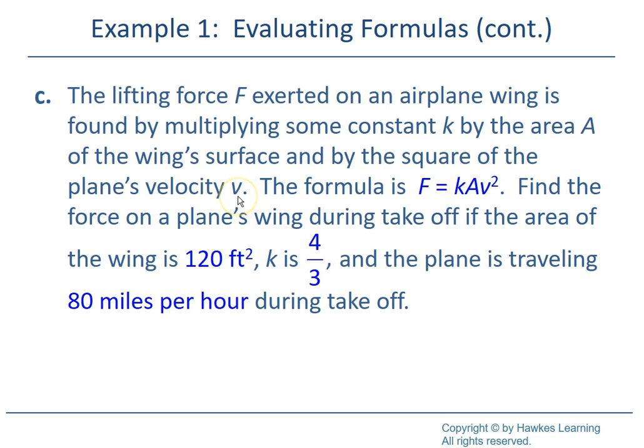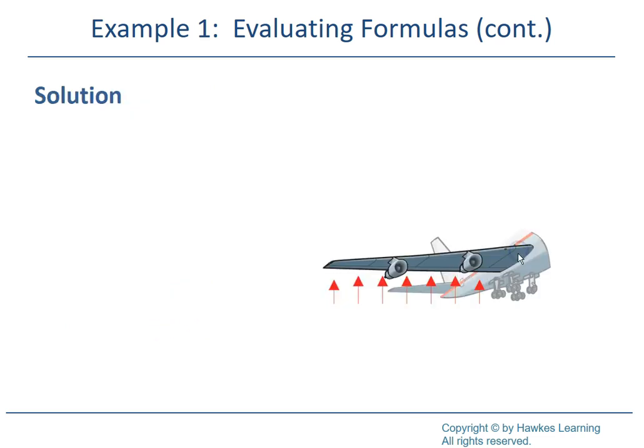That is how fast the plane is going, that we're going to square, as we said. Find the force on a plane's wing during takeoff. If the area of the wing is this, K is this, and the plane is traveling at 80 miles per hour. So we're just going to substitute all of this into this formula.